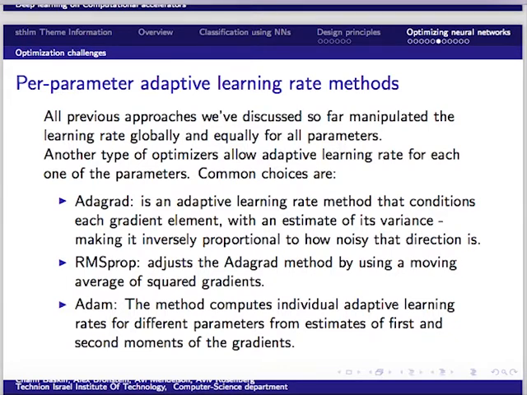So actually this is where our model improves. The first of these is AdaGrad. It's an adaptive learning rate that conditions each gradient element on its estimate of its variance, making it inversely proportional to the high noise direction.